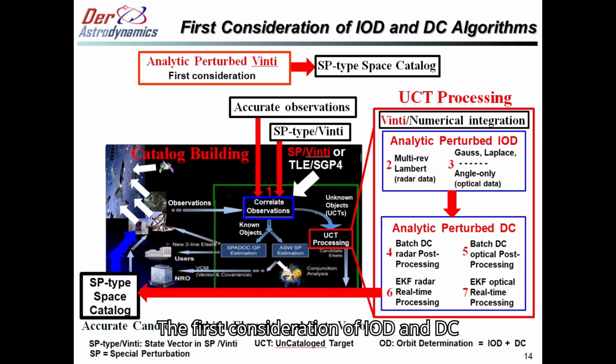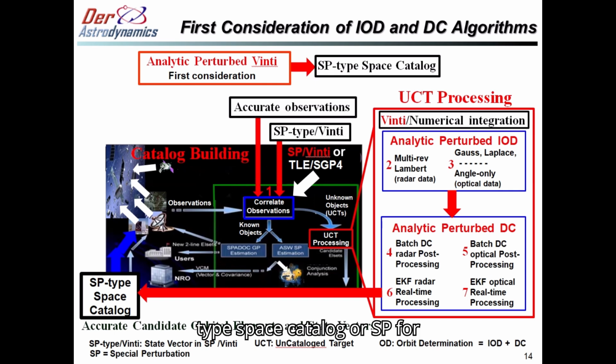The first consideration of IOD and DC algorithms is the choice of the Winty algorithm for analytic perturbed orbit propagation. Analytic perturbed orbit propagators, SGP4 and Winty, can be used for track association or correlating observations in Box 1.